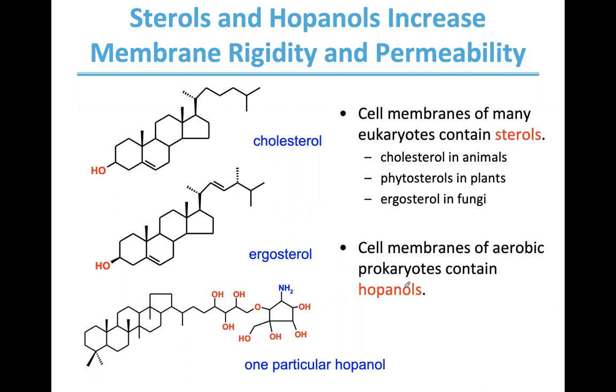And aerobic prokaryotes contain hopanols, these kinds of structures. Also a multi-ring system with a whole bunch of hydroxy groups and something that looks like a sugar on the end. So this will be a polar residue, a polar head group.